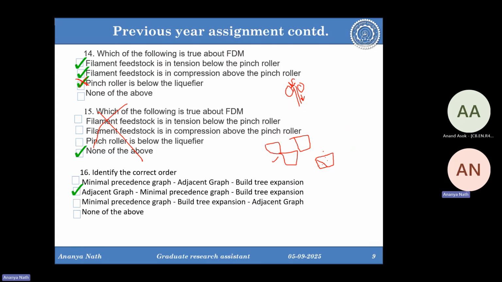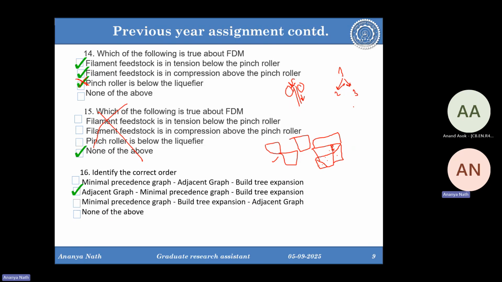Then build tree expansion. So basically, if you have this type of structure, now you can think which one to print first. That is the build tree expansion that I can say 1 and 2. Like if you remember, we were writing like 1, then 2, 3.